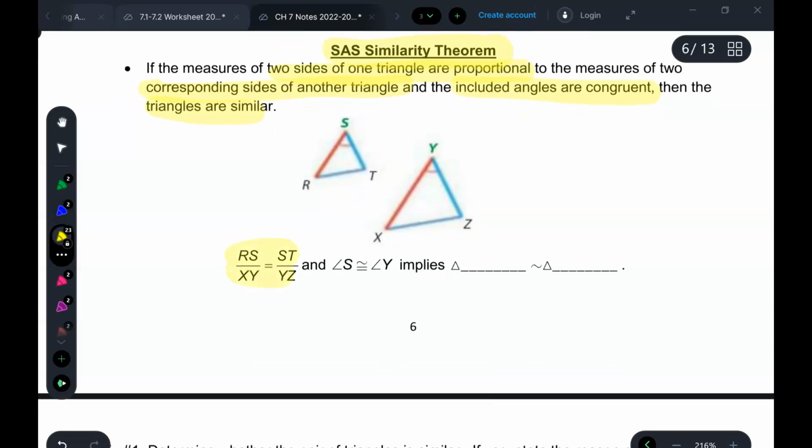It has to be the included angle, just like with side angle side congruence. So you're going to show two sides at the same proportion or same ratio, and you have to show the included angles are congruent.